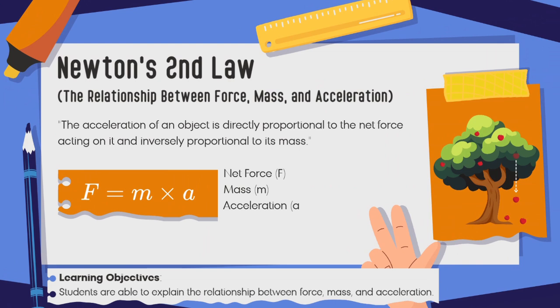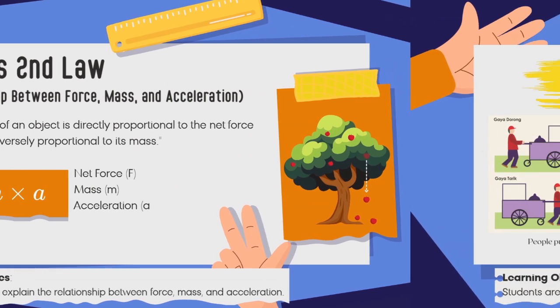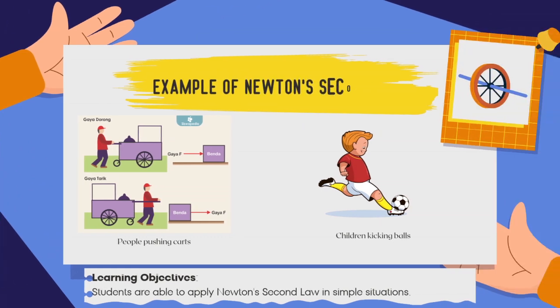If the force increases, acceleration increases. If the mass increases, acceleration decreases. The learning objective of this slide is that students are able to explain the relationship between force, mass, and acceleration.